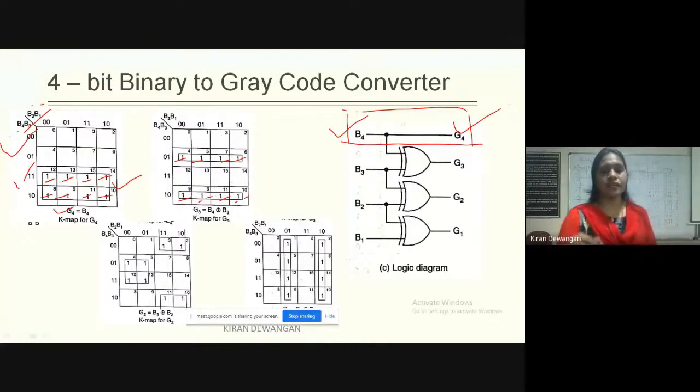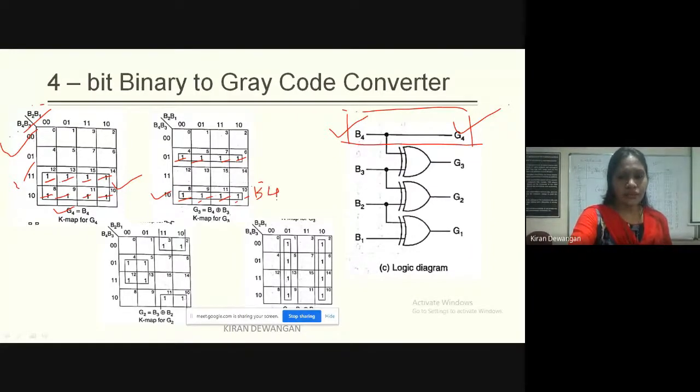Here we'll be having 2 quads, as we can see. अब ये जो 2 quad है, if we write it, this one, what is it? This is B4, B3 bar. क्या हो जाएगा ये? B4, B3 bar plus. And what about this? ये क्या हो जाएगा?